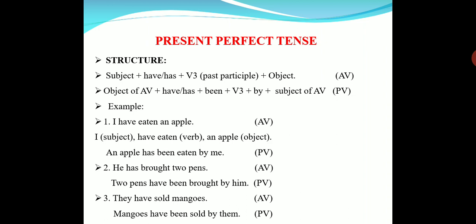So object becomes subject: 2 pens. 2 pens is plural. So which form will be used? For singular has and plural have. 2 pens have. What is the be form we should use? Been. V3 brought, by. He becomes him in the place of object. The total sentence is: 2 pens have been brought by him.